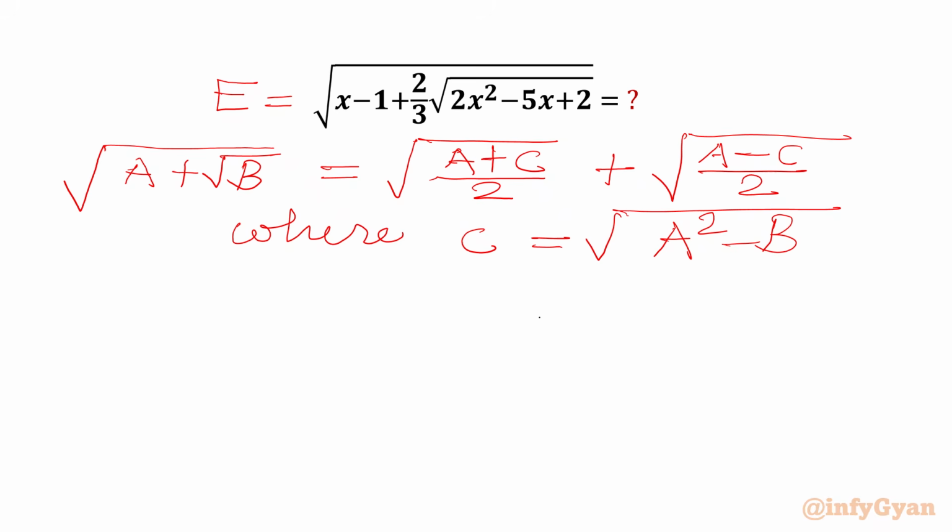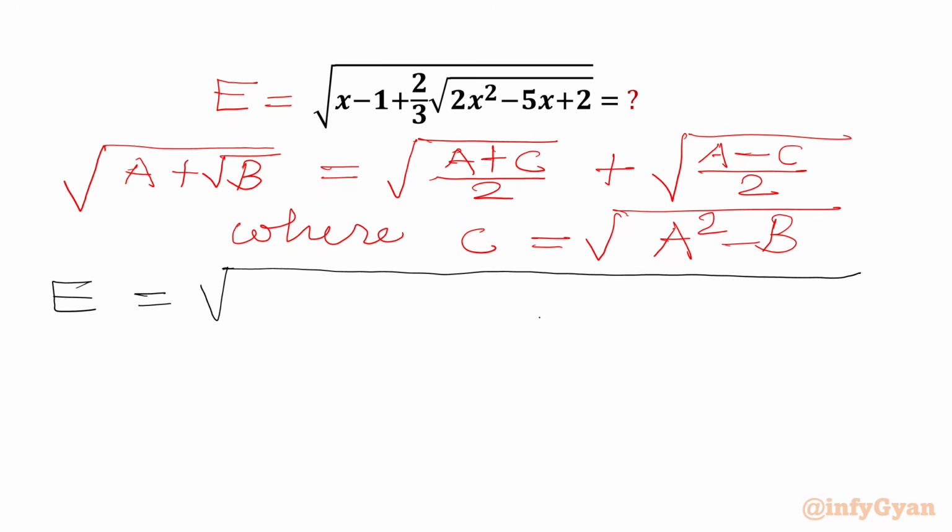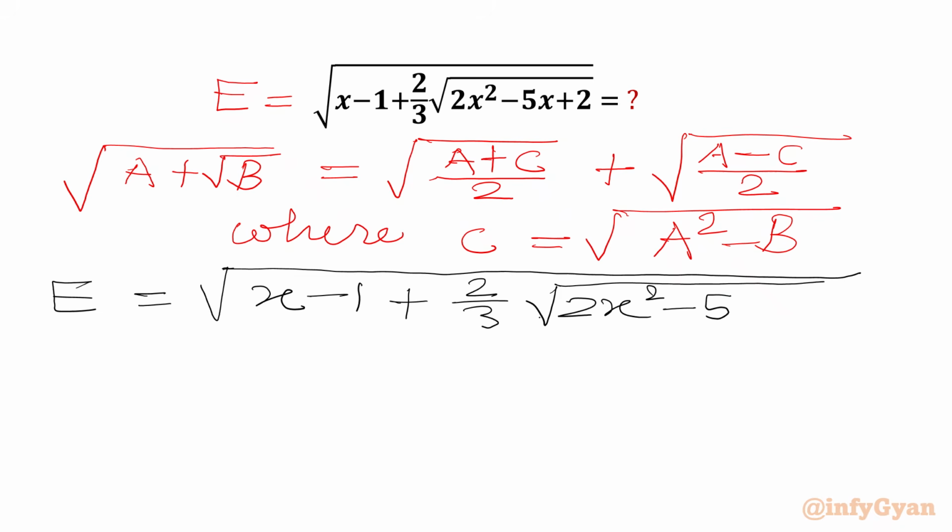Now let us write our expression. E will be equal to square root of x minus 1 plus 2 over 3 times square root of 2x square minus 5x plus 2. 2 over 3 can be written as square root 4 over 9.